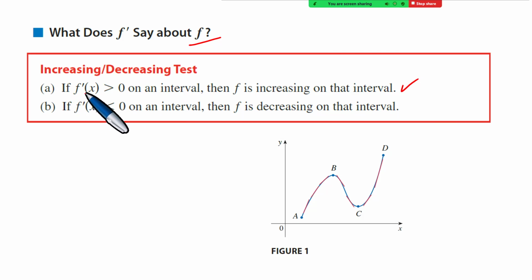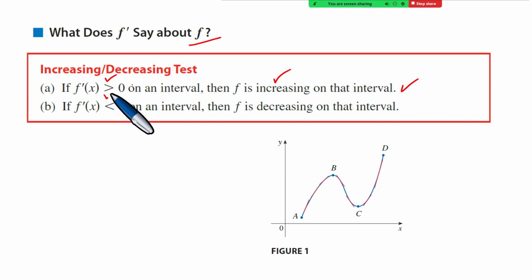So if the derivative is positive on an interval, it means f is increasing. So increasing goes with what? Increasing goes with the positivity of the derivative. If the derivative is positive, bigger than 0, then it means we have an increasing function on that interval.